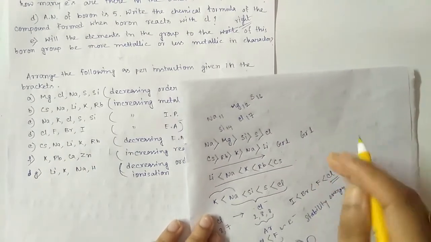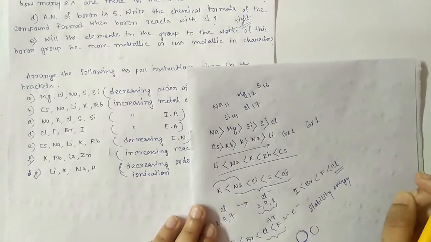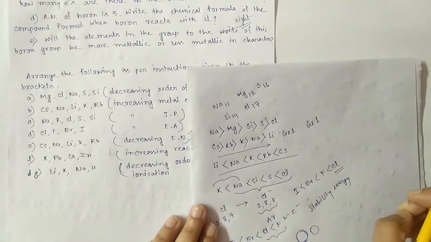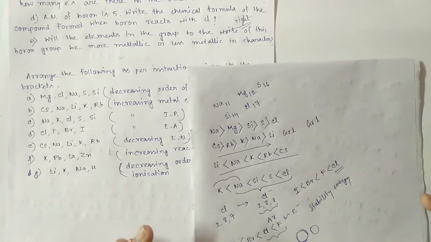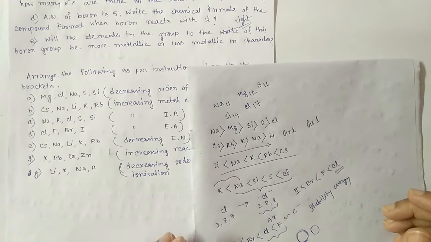I have previously told you that as atomic size increases, the effective nuclear charge decreases, so the tendency to hold the outermost shell electrons of the atom will gradually decrease as the atomic size increases and the effective nuclear charge decreases.